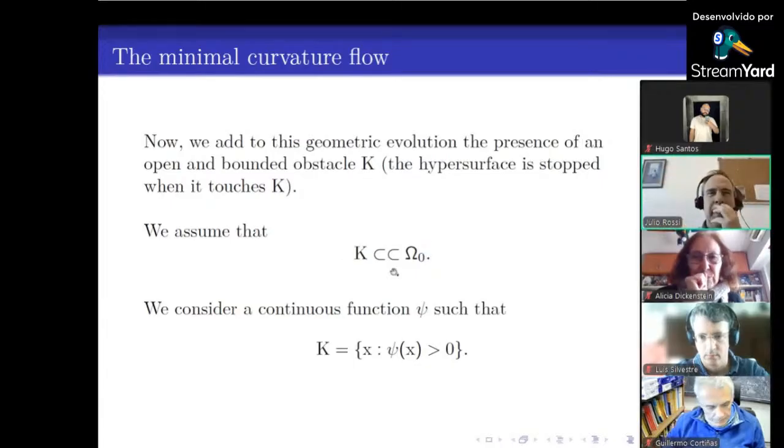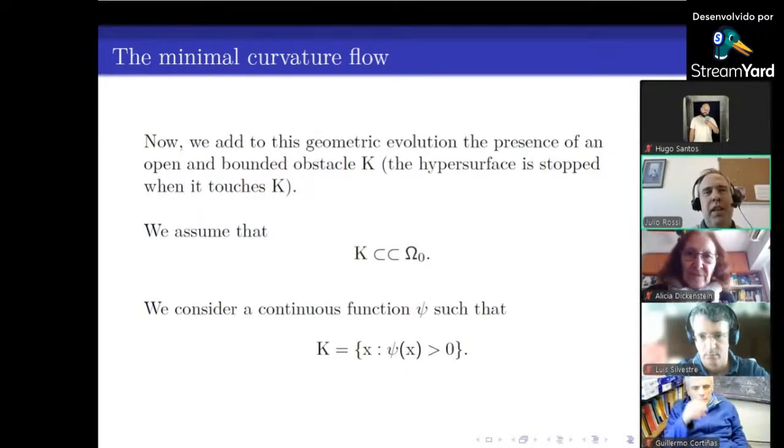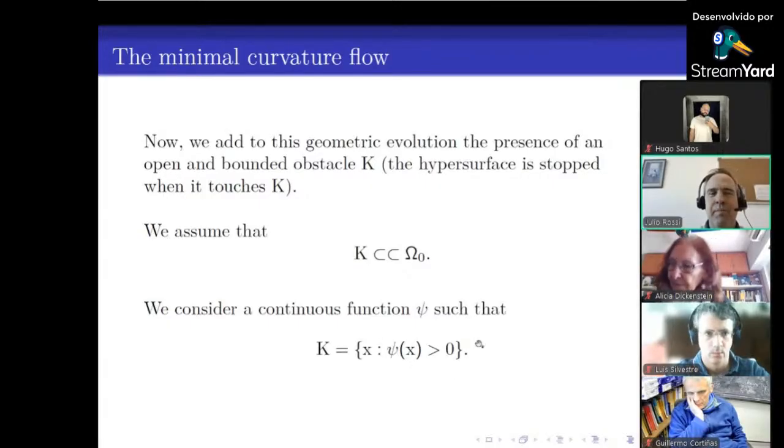So K is contained in the set where u of x,t is positive. And in this set, you take another function, an auxiliary function psi, that is going to be fixed, independent of time, in such a way that K is the positivity set of the function psi. So the function psi is positive inside the obstacle, inside the set K.